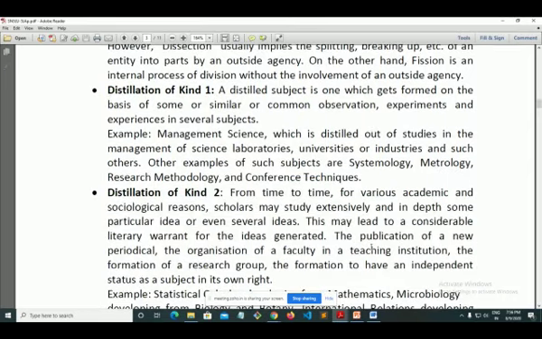Distillation of kind 2. From time to time, for various academic and sociological reasons, scholars may study extensively and in depth some particular idea or even several ideas. This may lead to a considerable library warrant for the ideas generated.